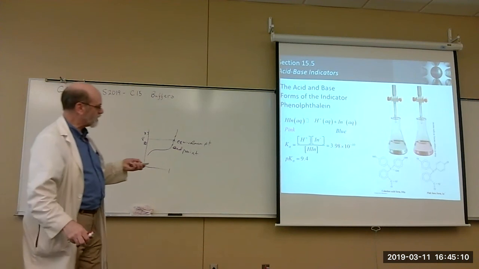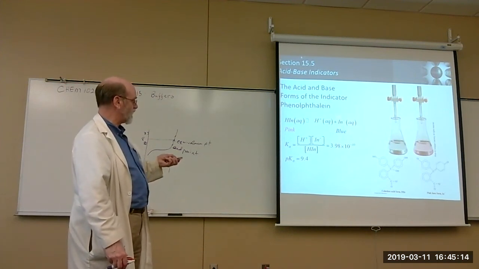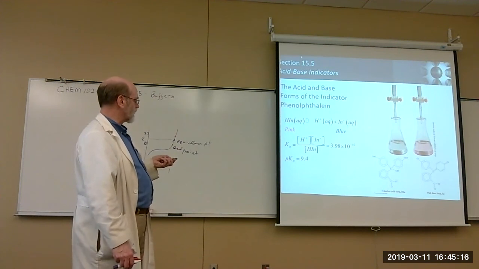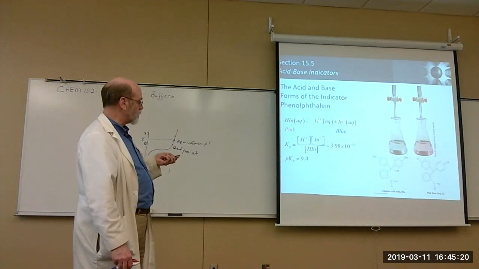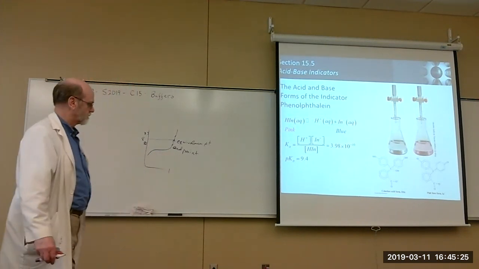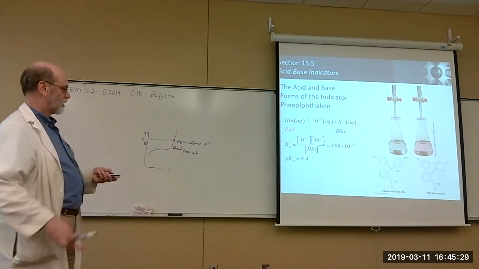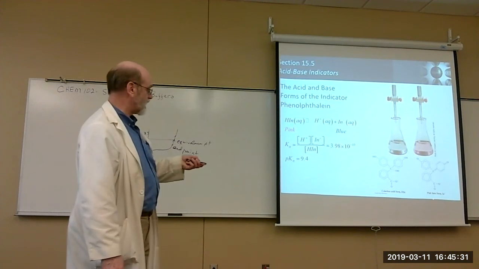That should be pink under basic conditions because this is going to be dominant. And under acidic conditions, you're going to have a lot of these. We're going to add a lot of these. They're going to pick up those and make this. So this is going to be clear, colorless. Right. Okay, it's right down here.